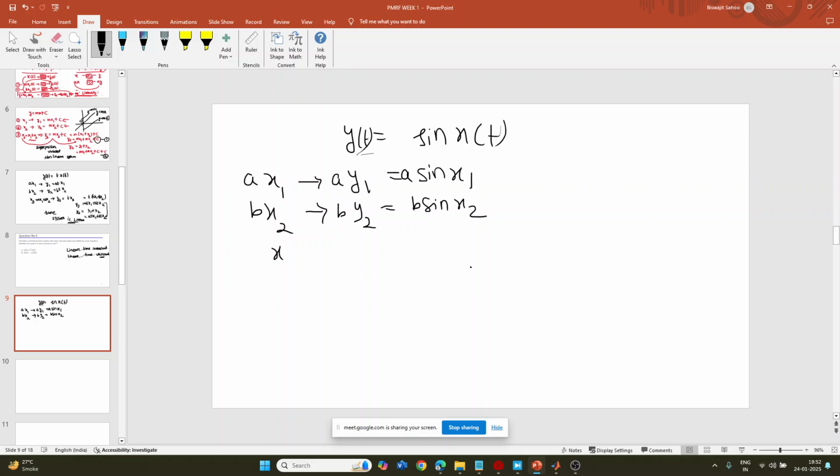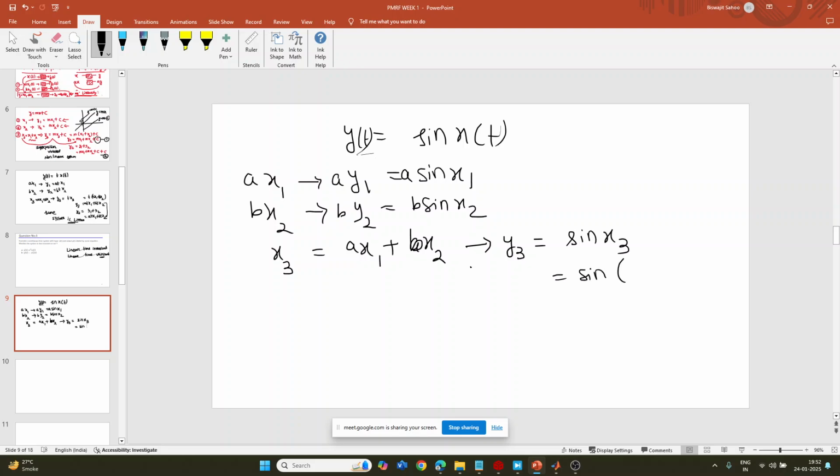Now you apply another input x3. x3 is nothing but the combination of the first and second, so it should be a x1 plus b x2. That gives me an output y3, which is sine x3, right? What is x3?